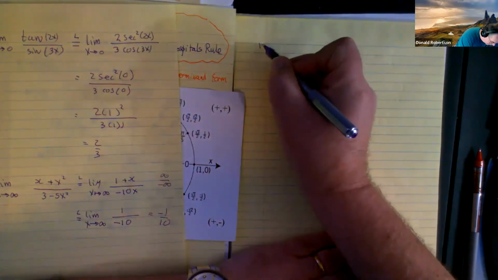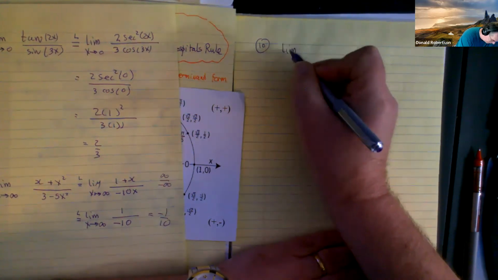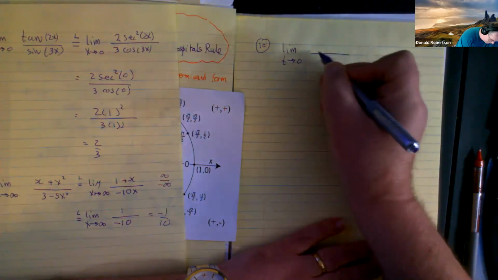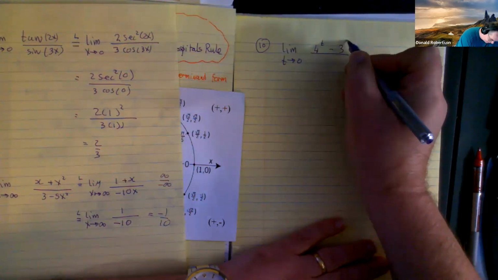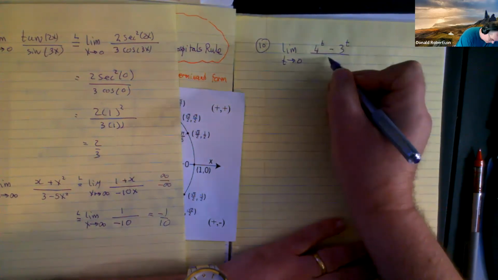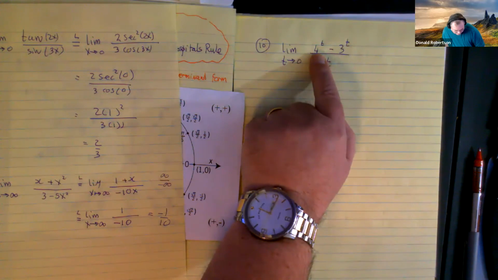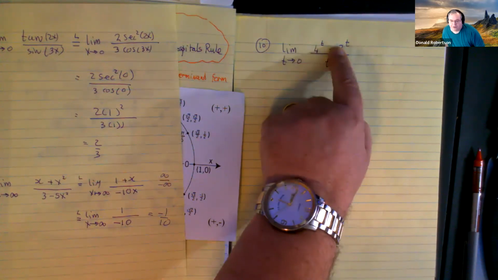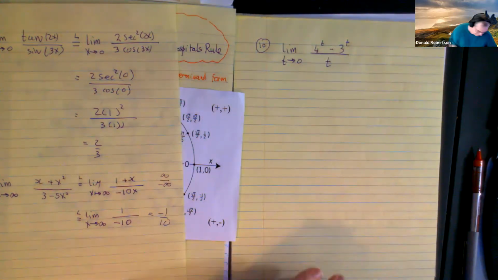Let's put a weird one in, although most of them are pretty weird. Let's do the limit as t tends to 0 of 4 to the power of t, take away 3 to the power of t, over t. 4 to the 0 is 1, take away 3 to the 0 is 1, 1 take away 1 is 0. 0 on the top, 0 on the bottom, indeterminate form.